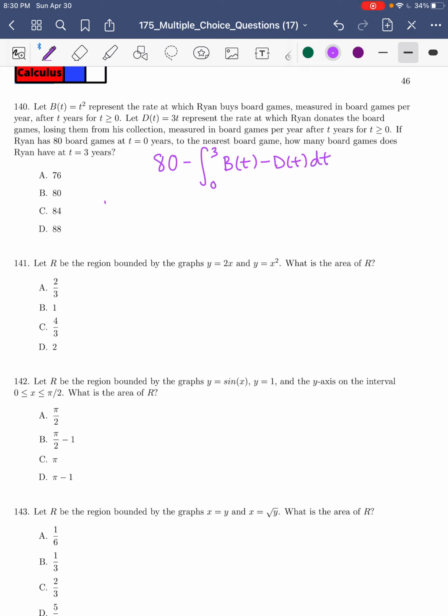But now we actually have to solve this, so it's going to be 80 minus the integral from 0 to 3 of t squared minus 3t, which is going to equal 80 minus t cubed over 3 minus 3t squared over 2, evaluated from 0 to 3.